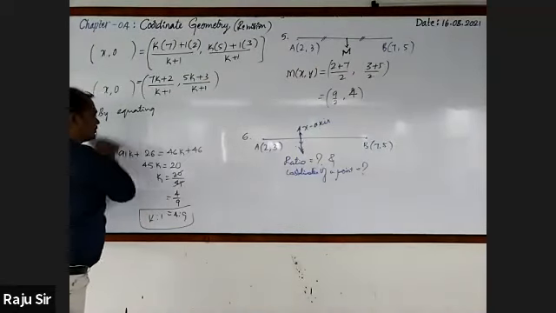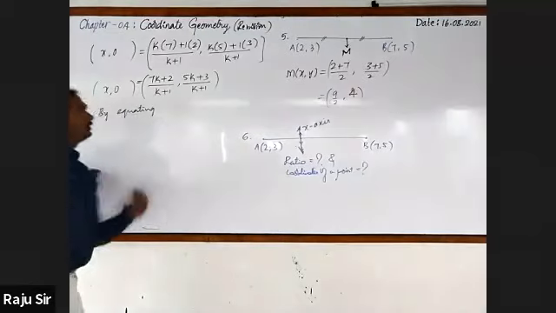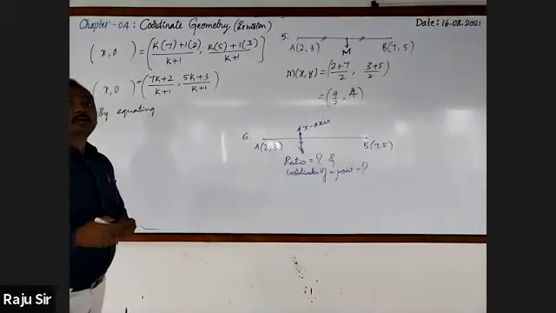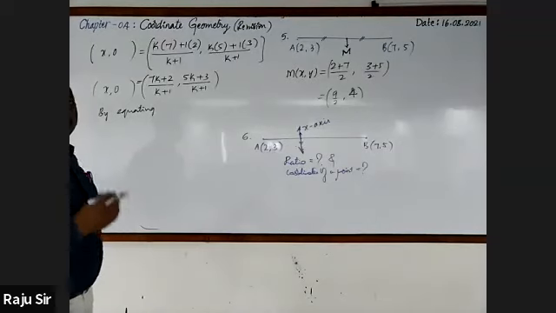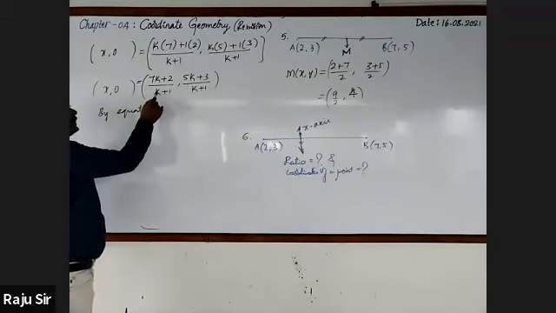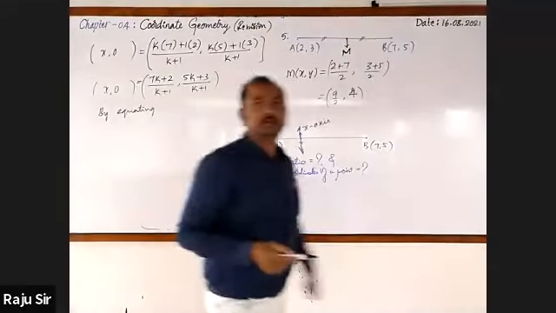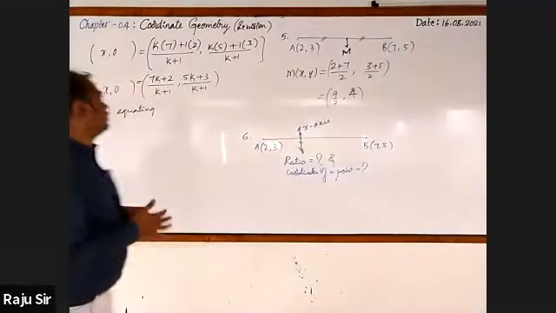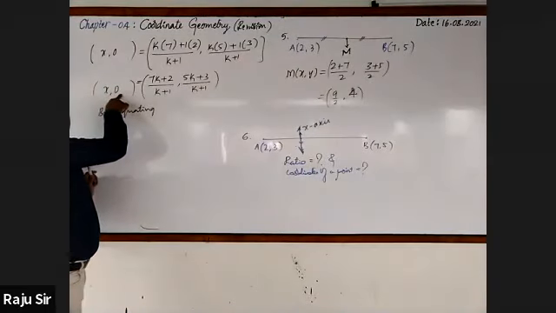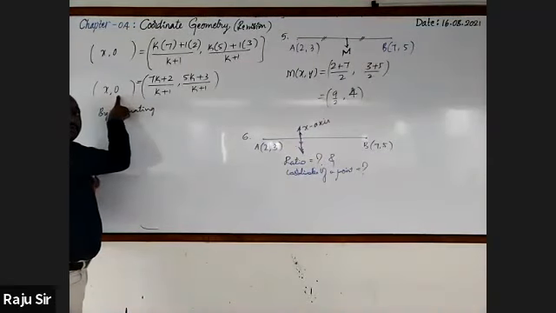ಈಗ ಯಾವುದನ್ನ ಈಕ್ವೇಟ್ ಮಾಡ್ತೀರಿ? Y coordinate. To find out the y coordinate, you must find out the value of k. Whether you take the x coordinate or y coordinate, the y coordinate is known. It is 0.